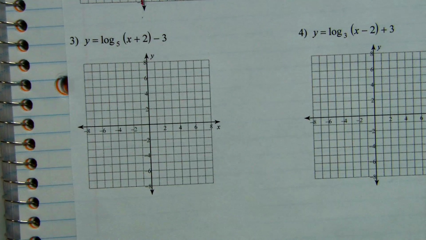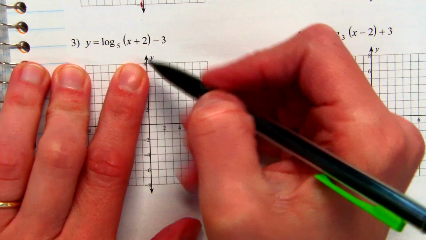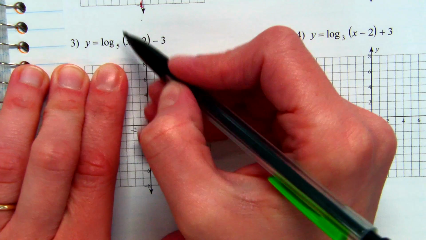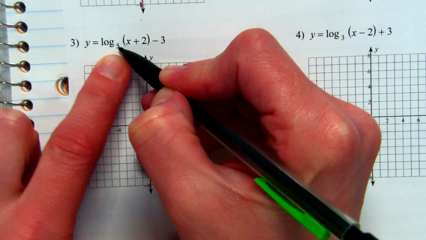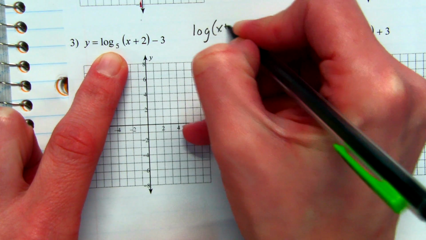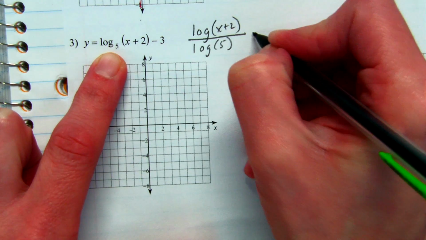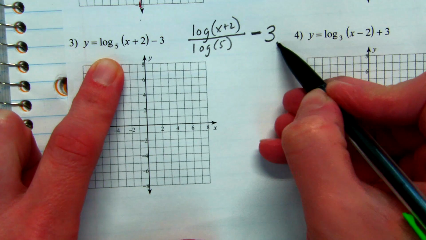Okay, so 2 more. Really quick, let's just get this done. On this one, we're going to have to set up the change of base theorem because it's not base 10 and it's not a natural log. So we're going to have log of x plus 2 over log of 5, and then on the end, you're going to put -3.